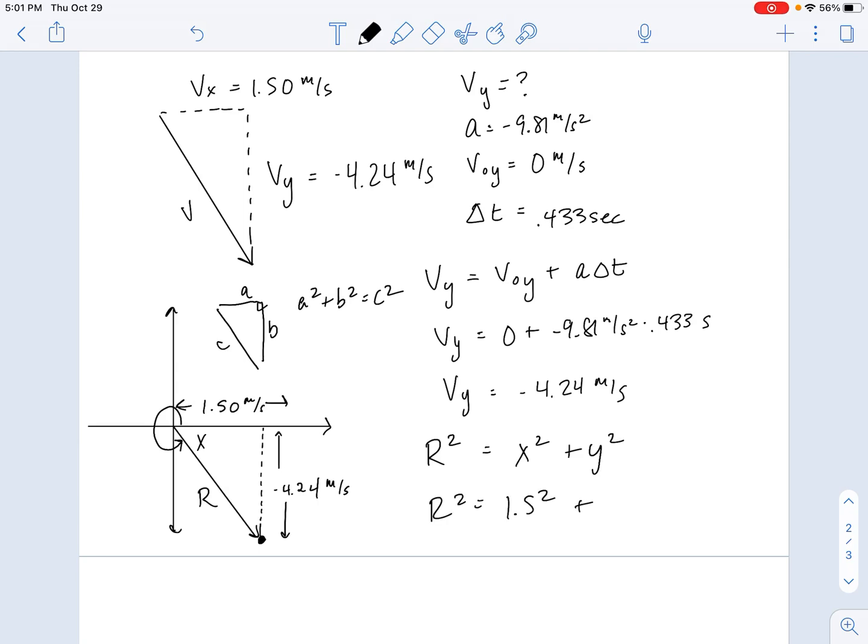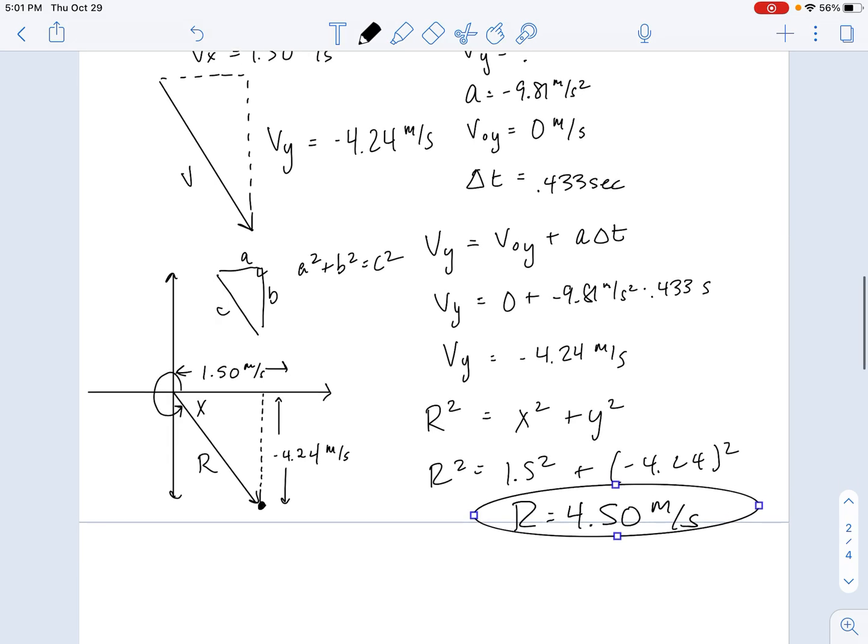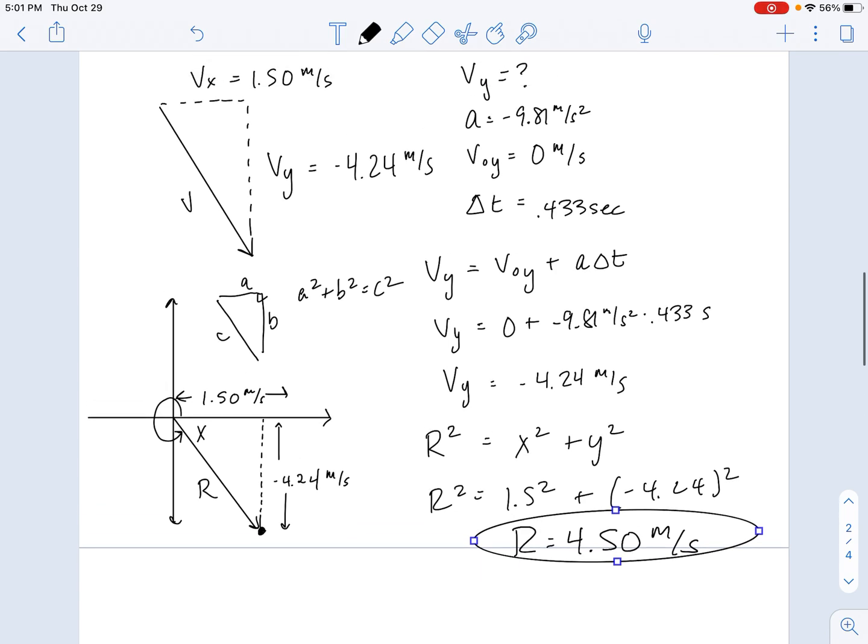So R squared equals 1.5 squared plus negative 4.24 squared, which is going to be positive after I square it. So I'm just putting it in my calculator. And I got that R is 4.50, and the units are the same. It's meters per second. So the ball hits the ground at 4.50 meters per second.